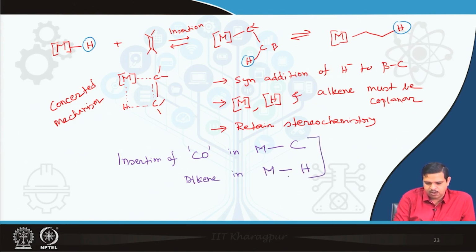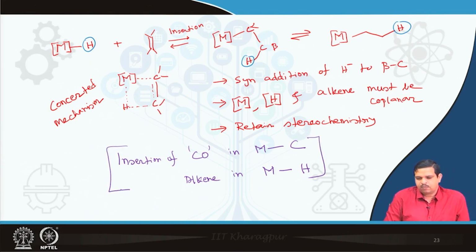Okay. This one is like a take home message. So, we have to know that this is more favorable, and in the later part of the classes you will understand, when we discuss the mechanism, how this is used frequently. So, alkene insertion in the MH bond is more favorable than alkene insertion in the metal carbon bond.